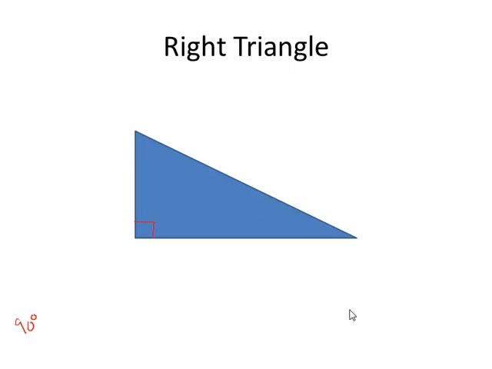diagonally. Okay. A little terminology: the longest side of the triangle opposite the right angle is known as the hypotenuse of the triangle. The other two sides are simply called legs of the triangle.